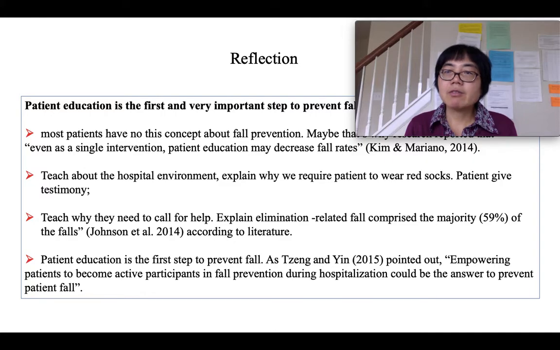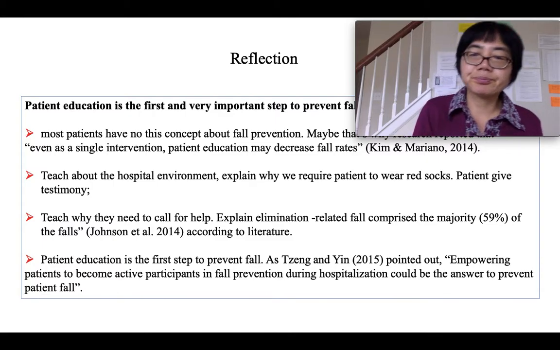By interacting with the patients, I found that patient education is the first step to prevent falls. During my stay in the unit, no patient fell during that period.